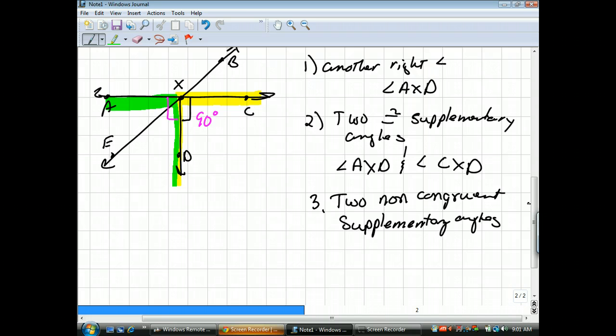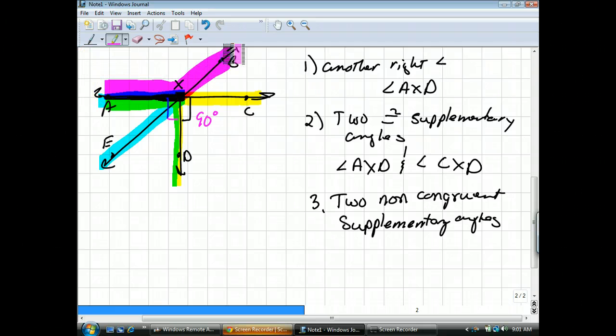Well, if you notice in the picture, angle AXE and angle AXB form a straight angle, and so therefore they must be supplementary. So we can say angle AXB and angle AXE are two non-congruent supplementary angles.